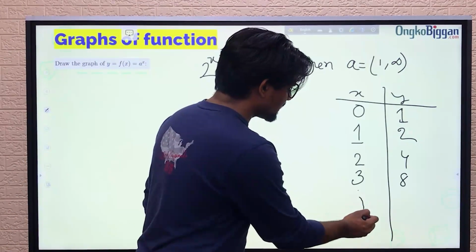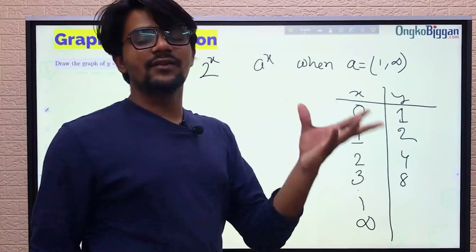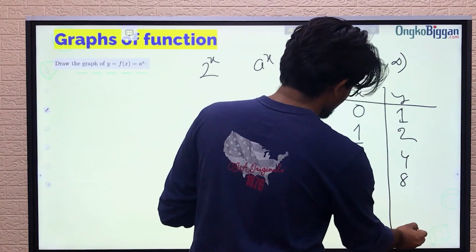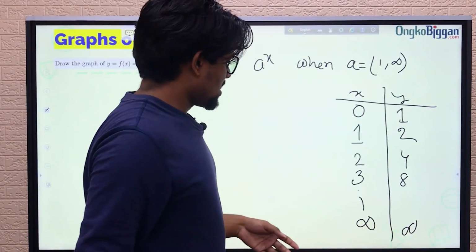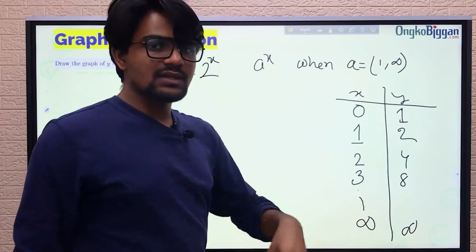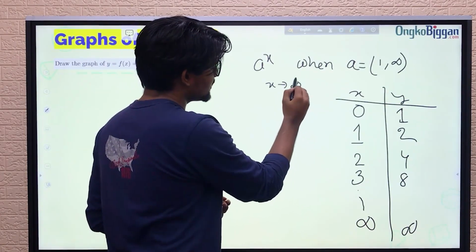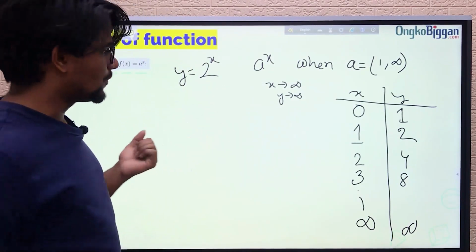If we skip all the values and write infinity, the value of y also becomes infinity. I forgot to write that y equals 2 to the power x. So if x reaches infinity, then y will reach infinity too.